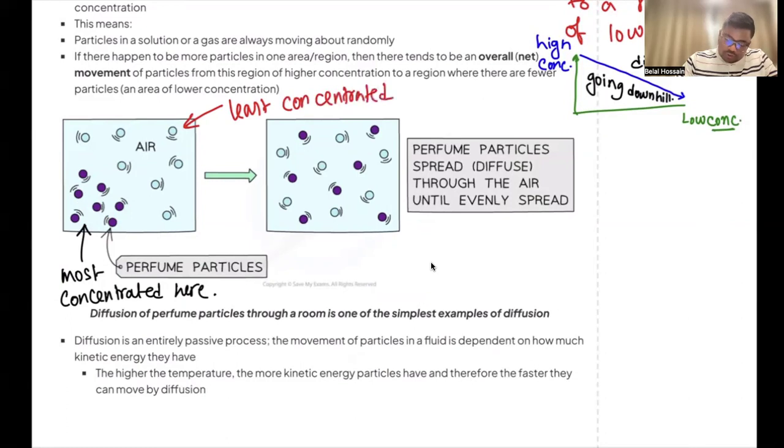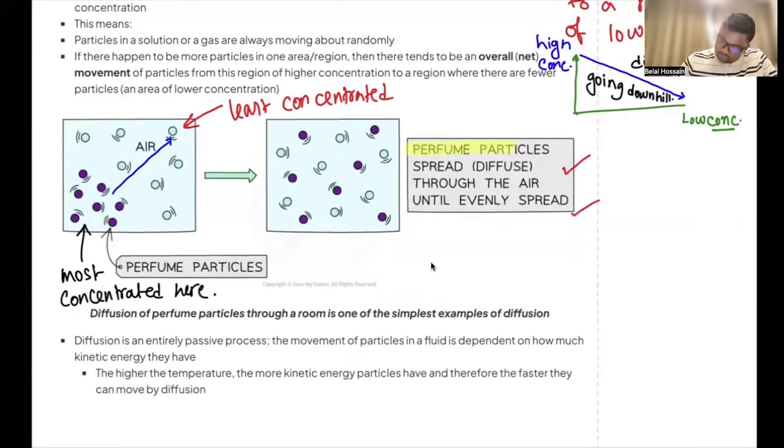So due to diffusion, the particles will move from high concentration to regions of low concentration. As a result, the particles will spread out and diffuse through the air until they are evenly spread.